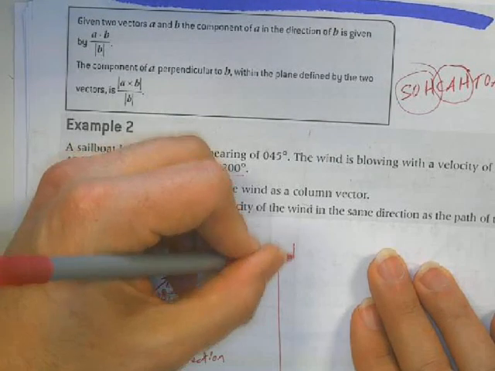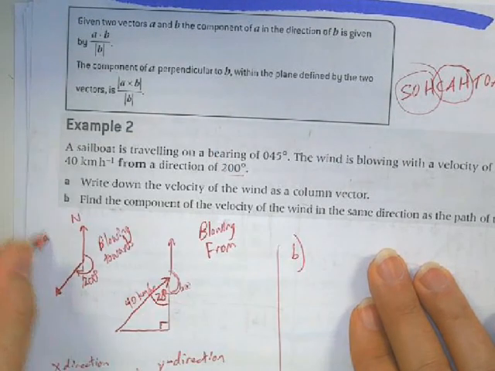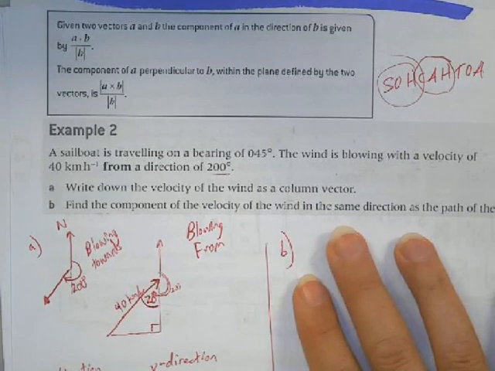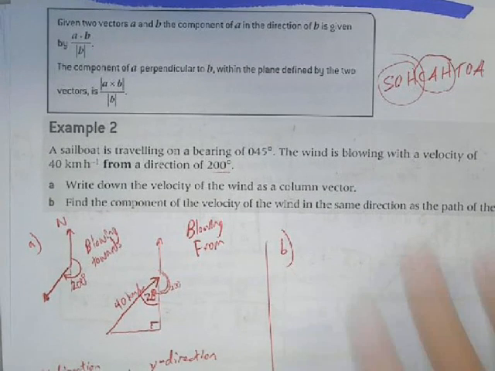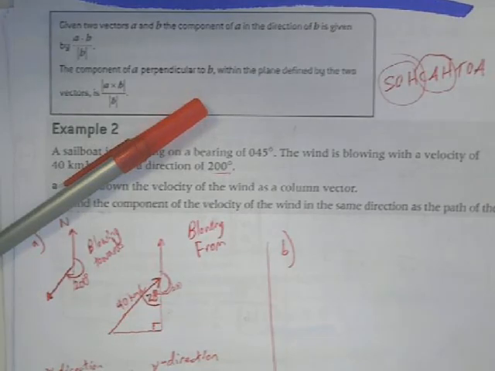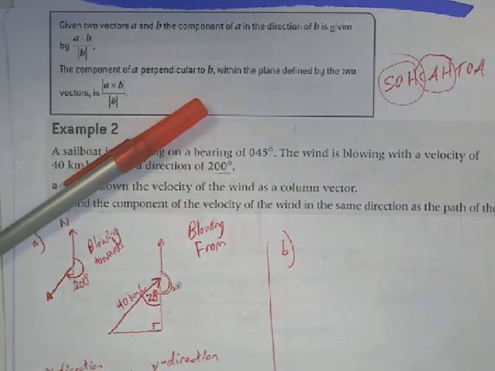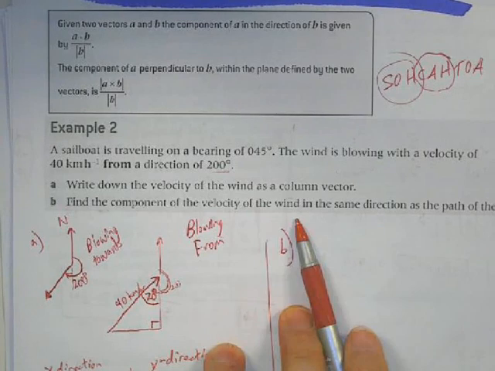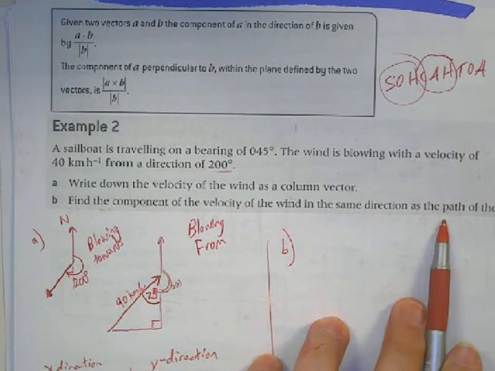Question B. Find the component of the velocity of the wind in the same direction as the path of the boat. Okay, so next, find the component of the velocity of the wind in the same direction as the path of the boat.